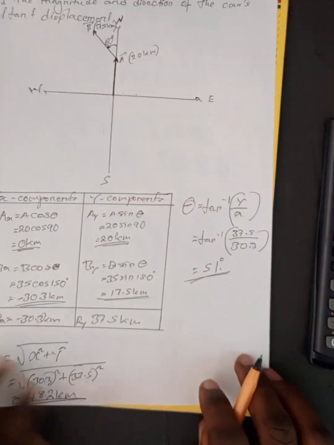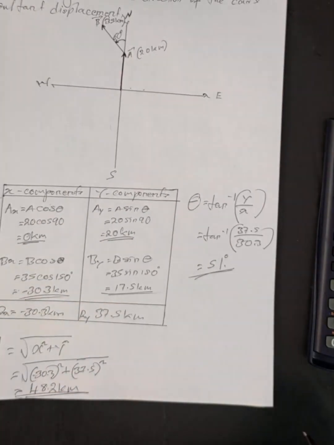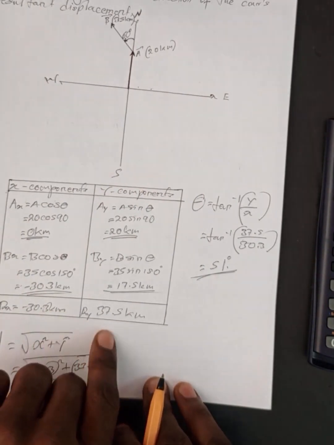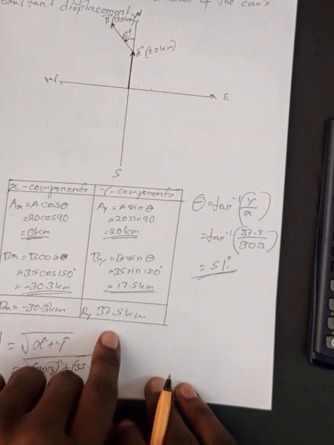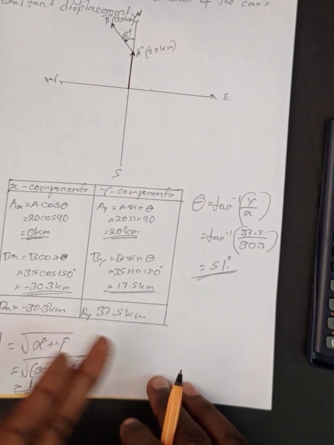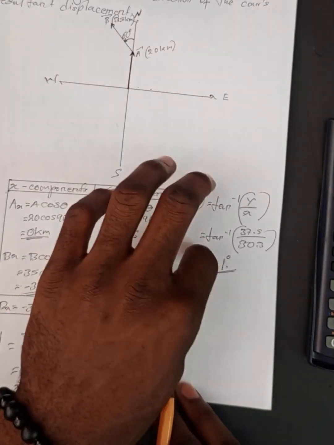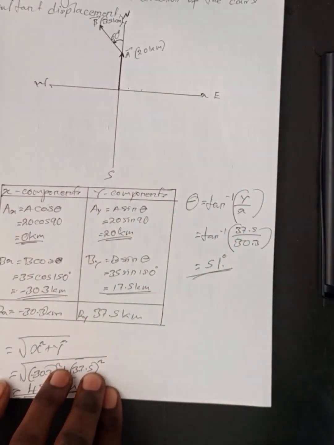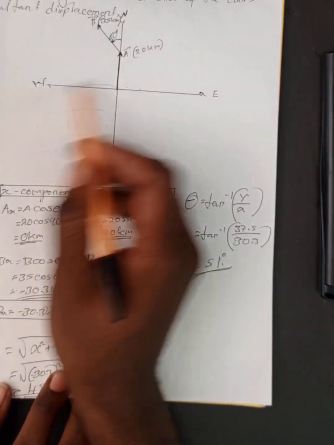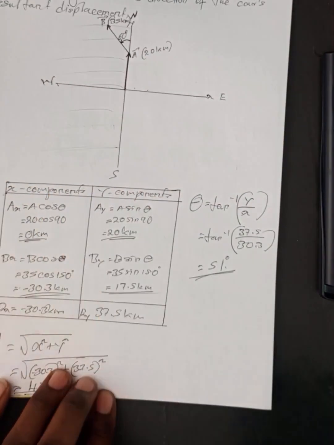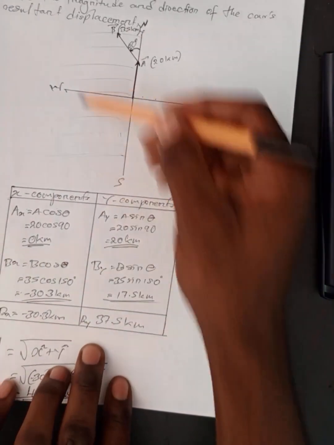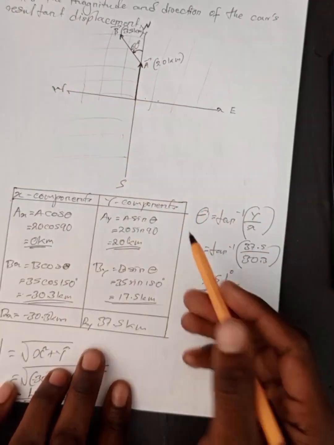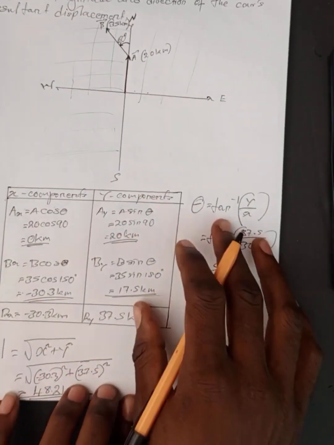When you look at these numbers, the answer in the x-axis is negative and the answer in the y-axis is positive. If all the answers were positive, we would have ended here. But you proceed: the x-axis negative part is this part, and the y-axis positive part is this one. That is where you need to fall.